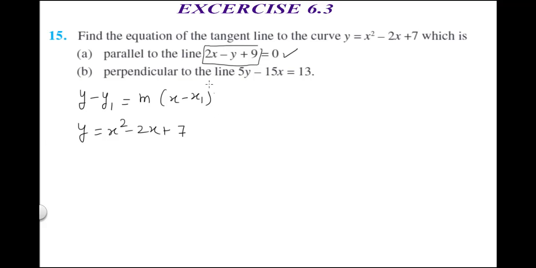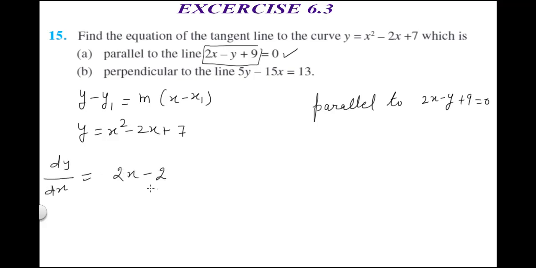So the tangent to the curve is parallel to this line. We know when two lines are parallel, their slopes are equal. So solving it, let us find the slope of the tangent from this: 2x − 2. Let us name it as equation 1.